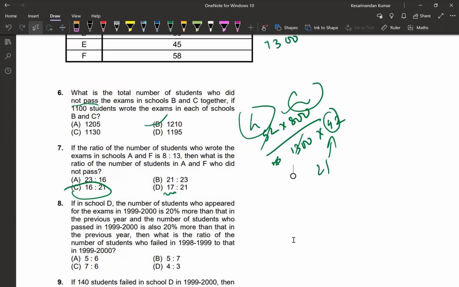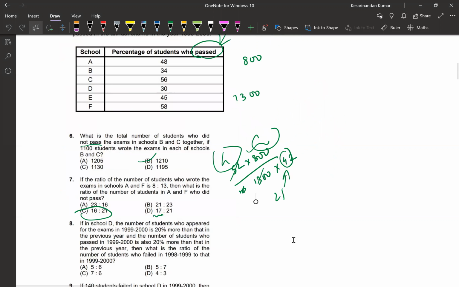Let me reduce the size so that you can see the question. Just the logic part. I don't need the calculations.